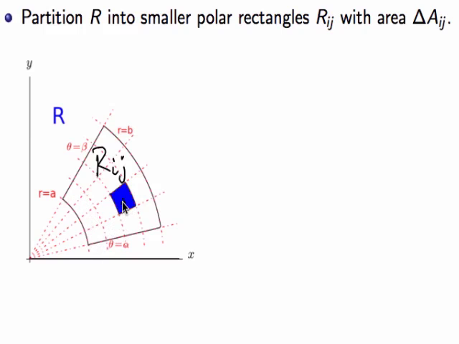And then I've marked off this midpoint in here as before. So this is our midpoint, r star and theta star. Now I'll call this sub ij for each one because it corresponds to the R sub ij.